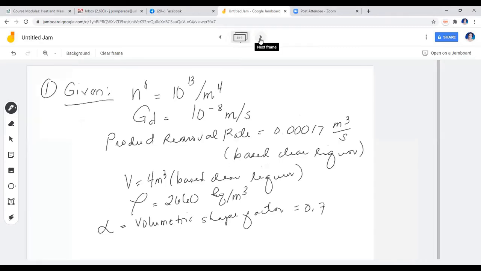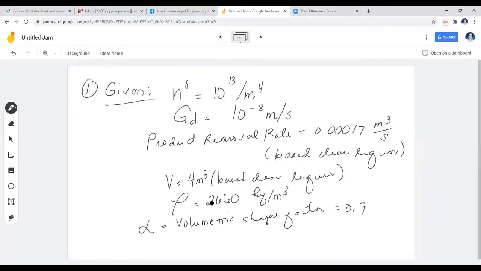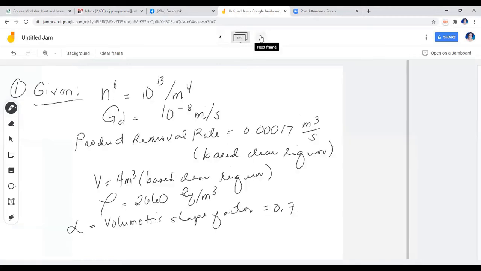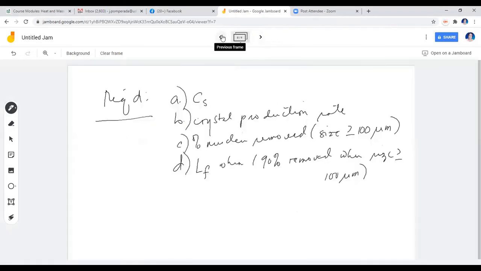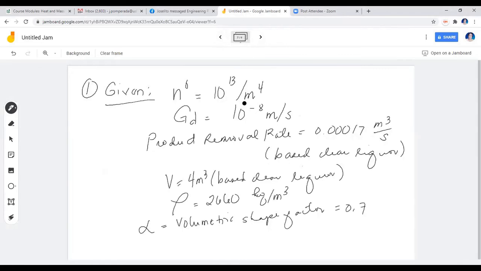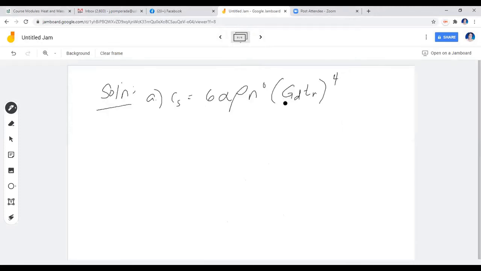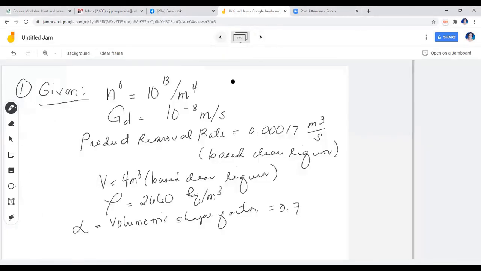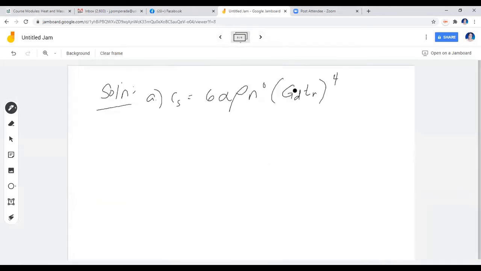So I have already the alpha, the first one I see. The rho is the density, so it's already given. The next is the N naught, the nucleation rate. It's also given. So I'm checking one by one the things that I need for this problem. The G sub D is also given. So then we have the last, the drawdown time.